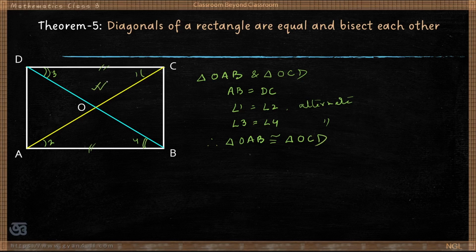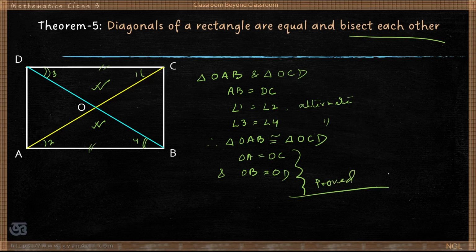So both these triangles are congruent, and if that is so, OA equals OC and OB is equal to OD. So what does it mean? That AC bisects DB and DB bisects AC. That means they bisect each other. So this is the proof of theorem 5.